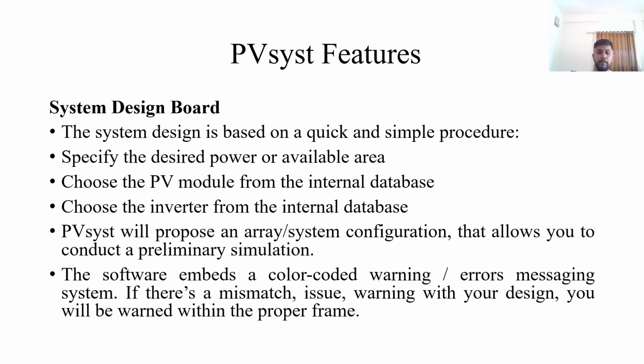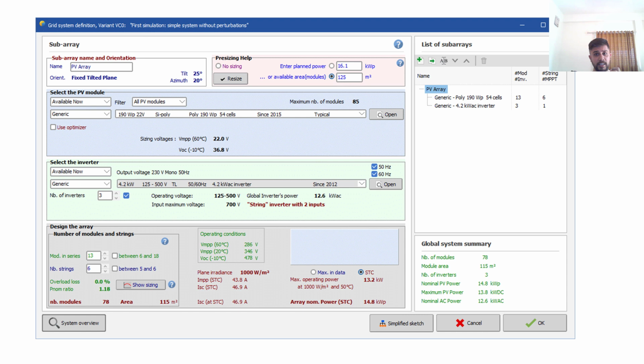The software embeds a color-coded warning and error message system. If there is a mismatch issue with your design, you will be warned with the proper frame and comments, so you can implement those suggestions for a proper design.